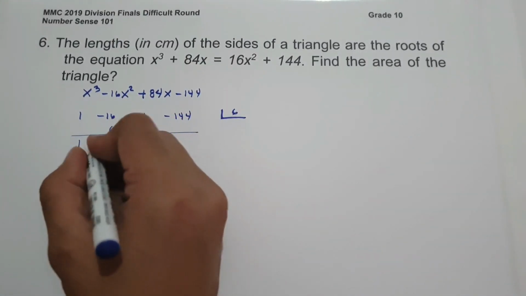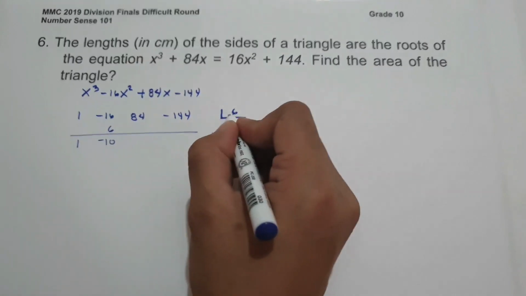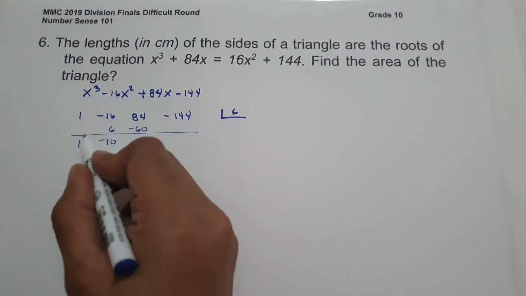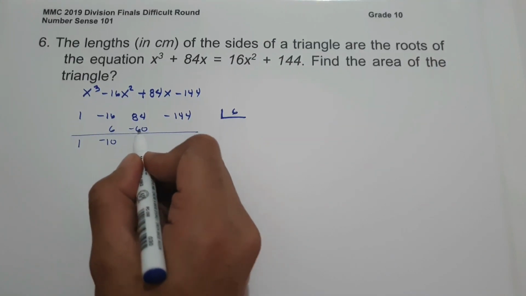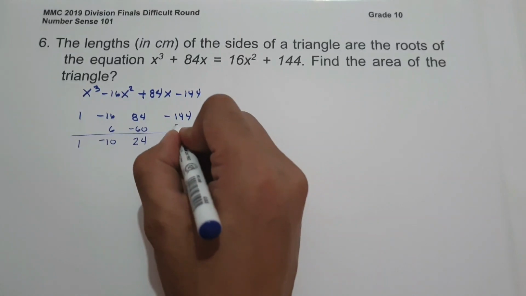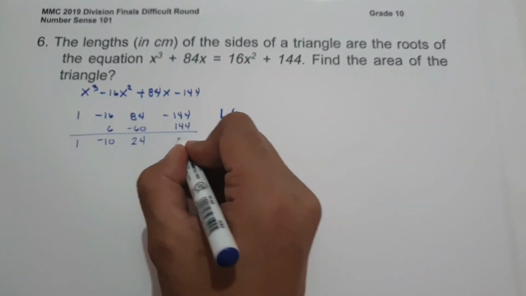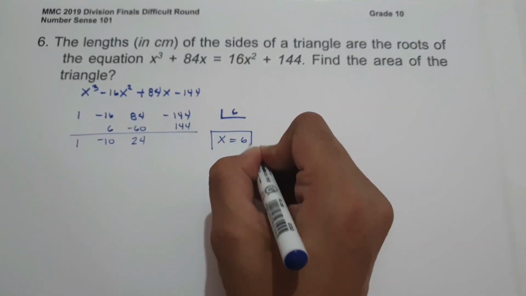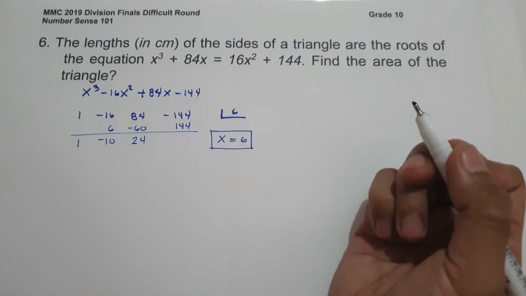Negative 16 plus 6 is negative 10. Negative 10 times 6 is negative 60. 84 plus negative 60, that is 24. And 24 times 6 is 144. So therefore, x equals 6. 6 is one of the roots of the given equation.